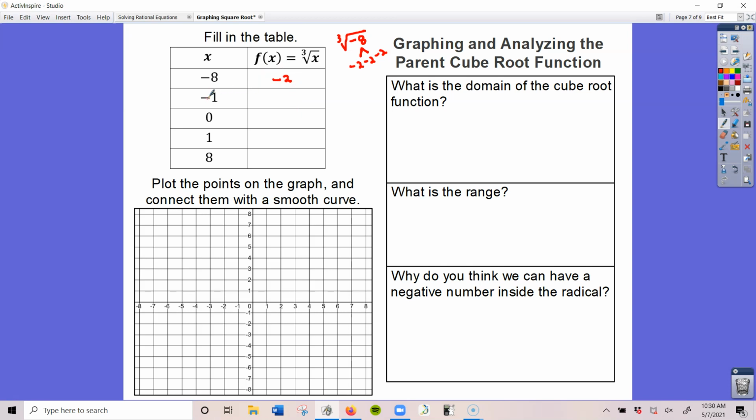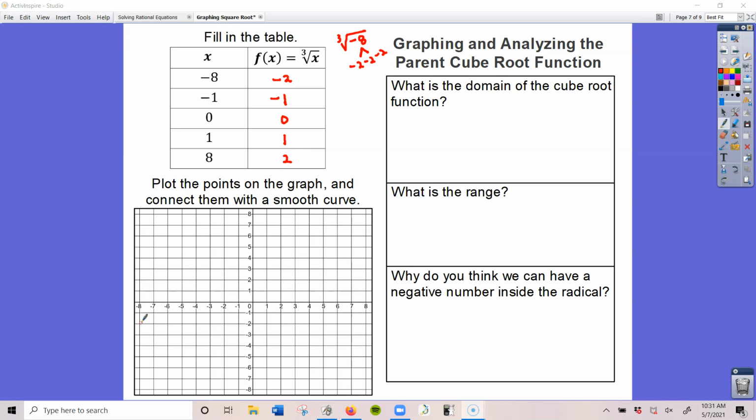Basically, if you have a negative inside of the cube root function, the answer will be negative. And the cube root of 1 times 1 times 1 is 1. The cube root of 0 is just 0, and the cube root of 1 is 1. The cube root of 8 would be 2. So now let's plot these points.